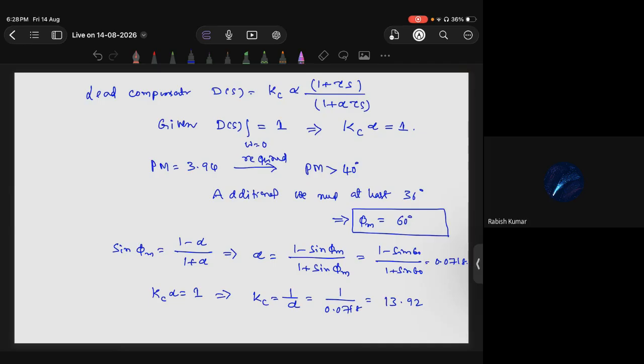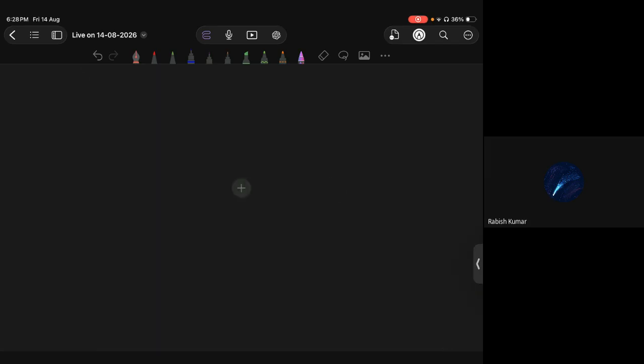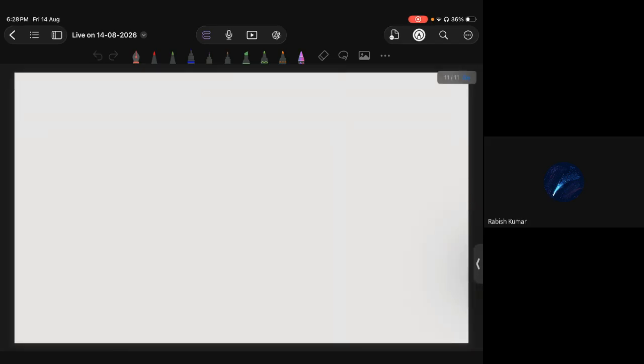Now what is tau? The tau you can calculate like this. The required attenuation formula is 20 log 1 by root alpha. If you substitute, 20 log 1 by root 0.0718, which is nothing but 11.44 dB.